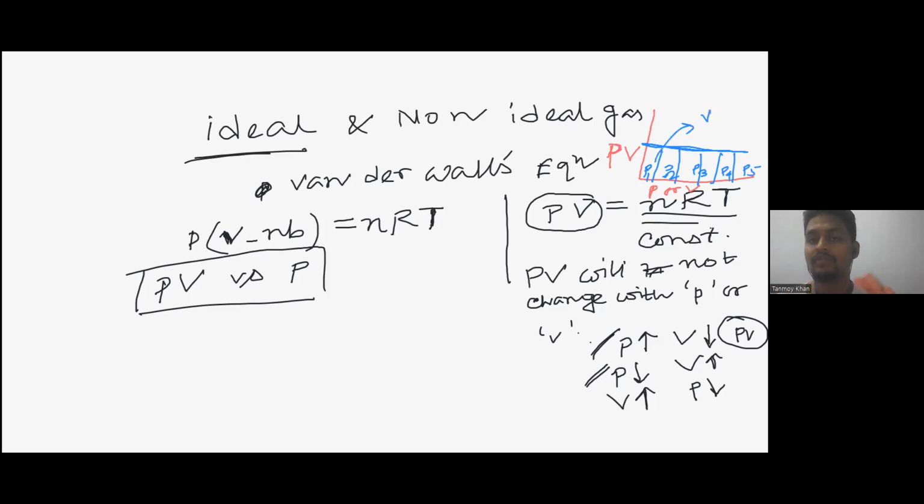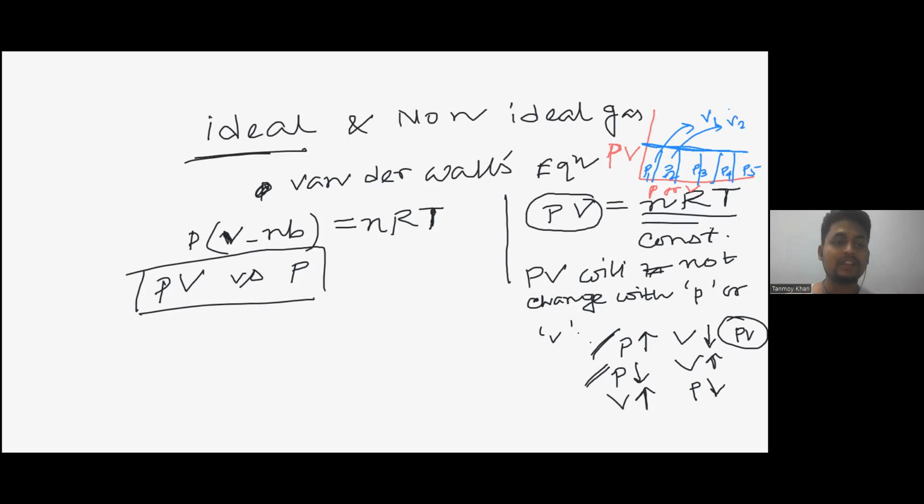Obviously V is not fixed, it is V1, V2, and V changes such that PV remains constant. So PV versus P or PV versus V will always give a straight line parallel to the x-axis.